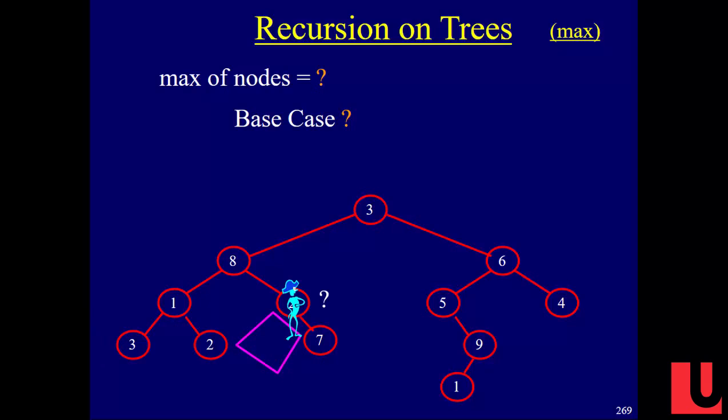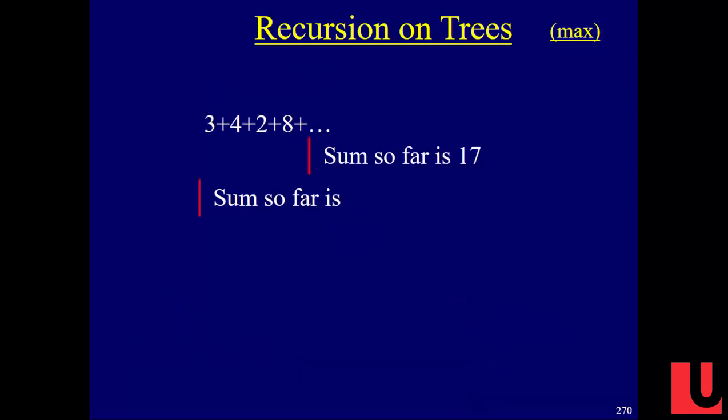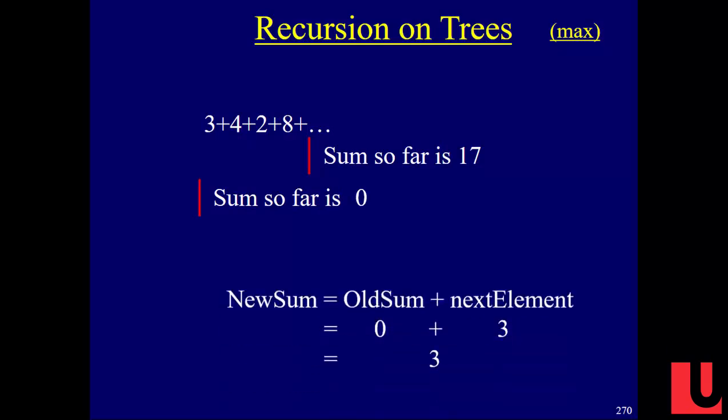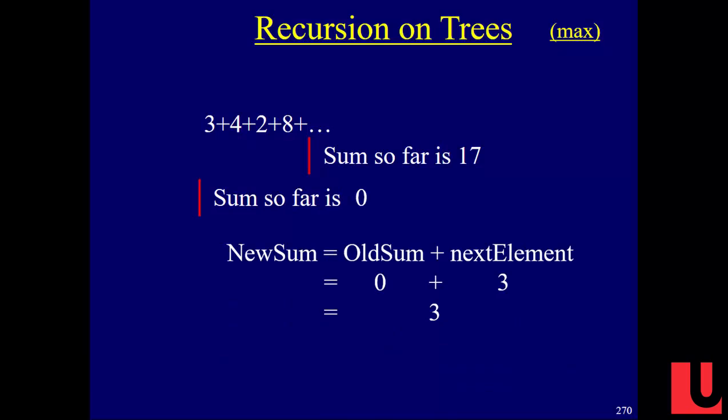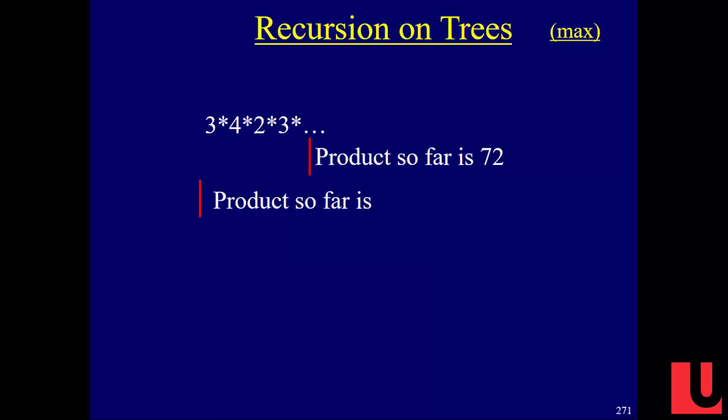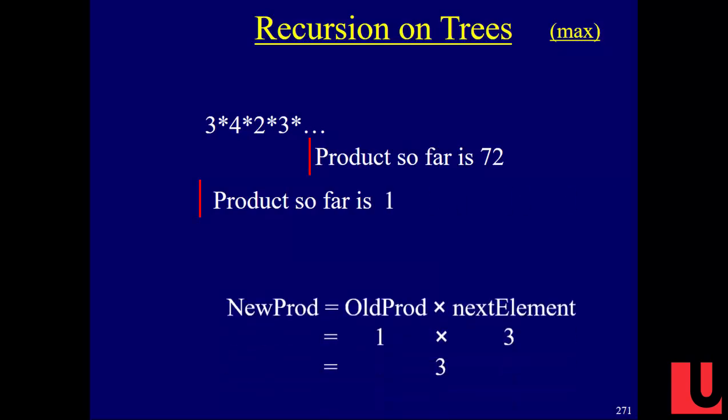All right, what's your base case? What's the maximum of the empty set? Negative infinity. For summing a number of numbers, you want to start at 0, because if you start at 0, then you add the next number, you're rolling. If you're doing products, then you want to start with 1.